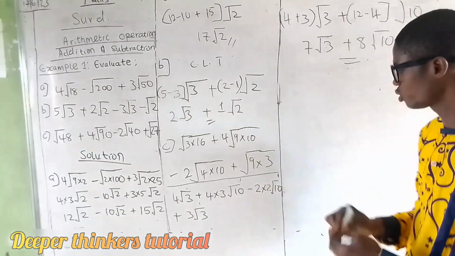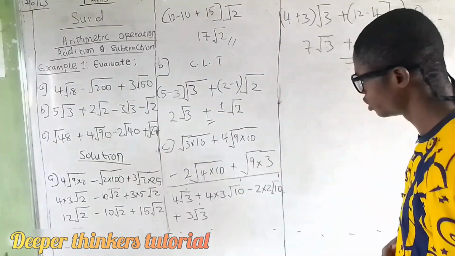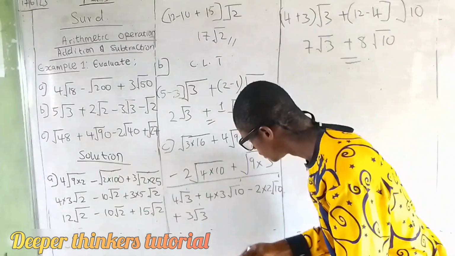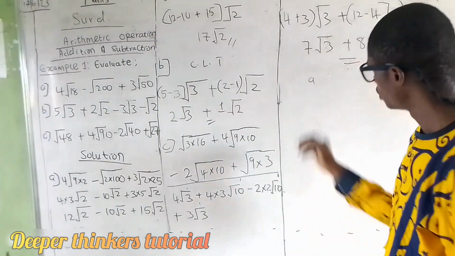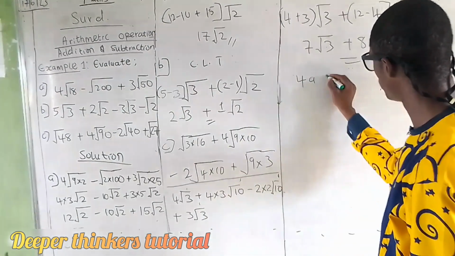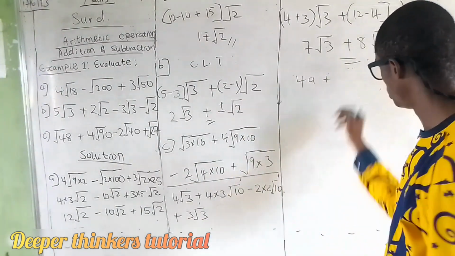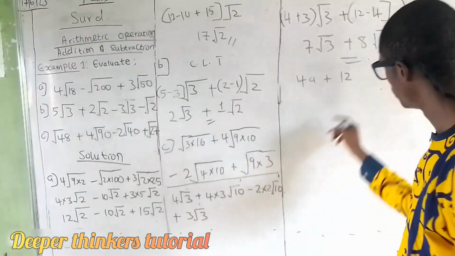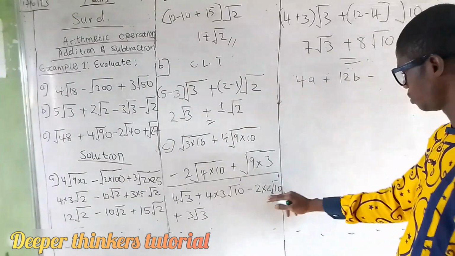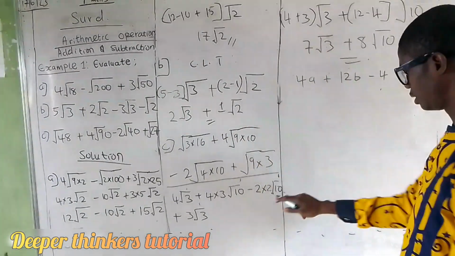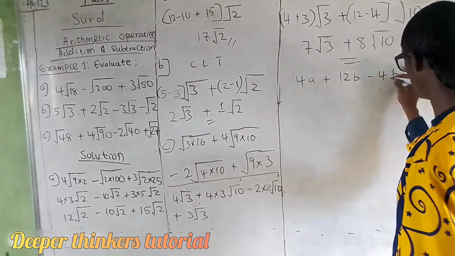So let me help those that don't understand. I can use my method again. So let's take this root 3 to be a. So it will be 4a plus this multiplier is really 12. Then let's take root 10 as b. Then minus this multiplied by this is also 4. Then take this one as b also.